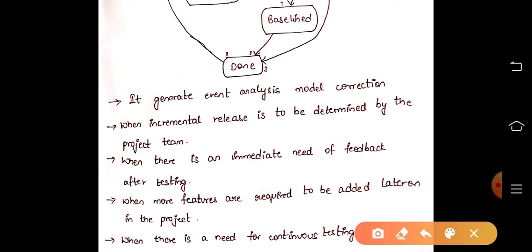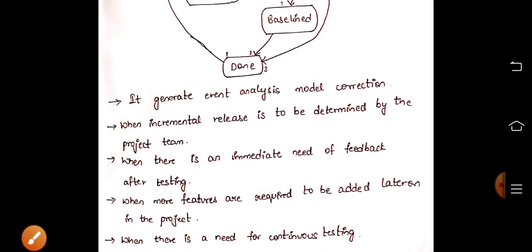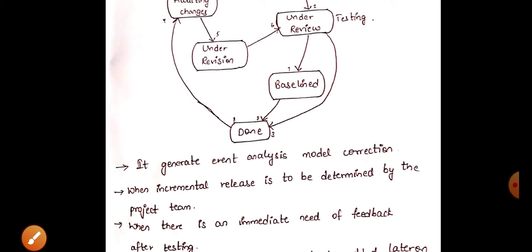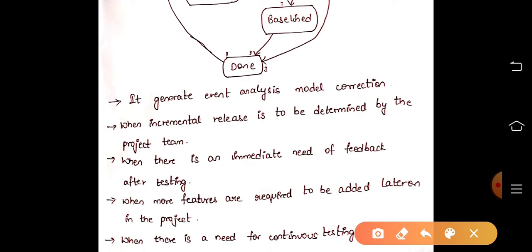And when there is an immediate need for feedback, if the customer wants feedback after testing, customer feedback is important in this model. And when more features are required to be added, in awaiting changes we add the new features continuously until the final product is delivered.